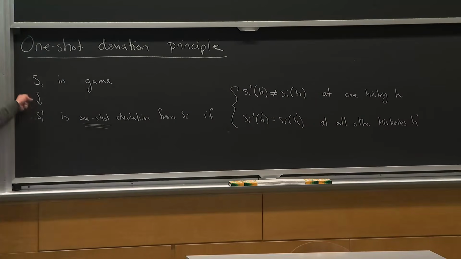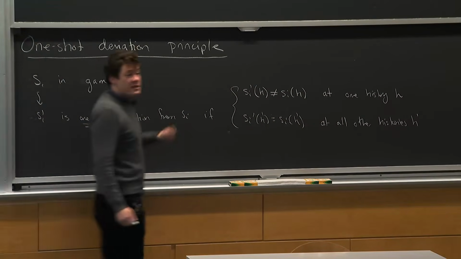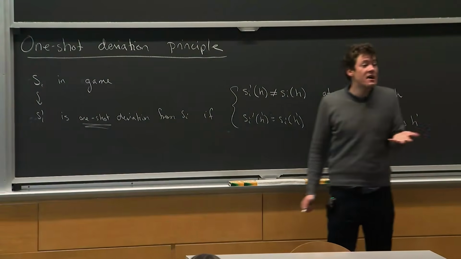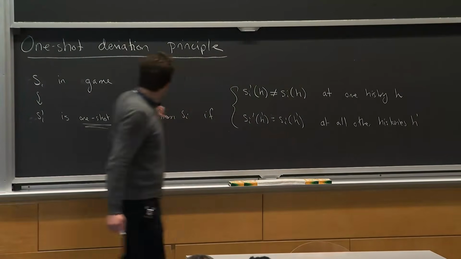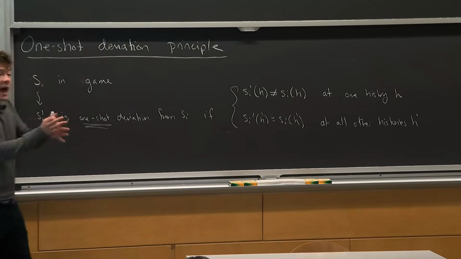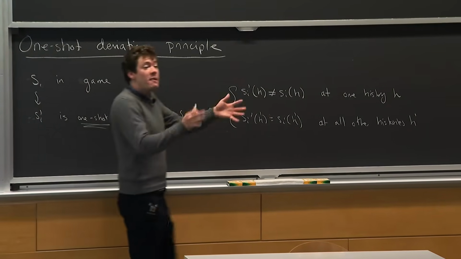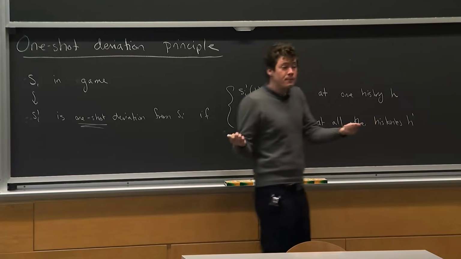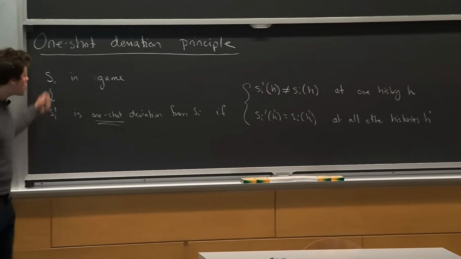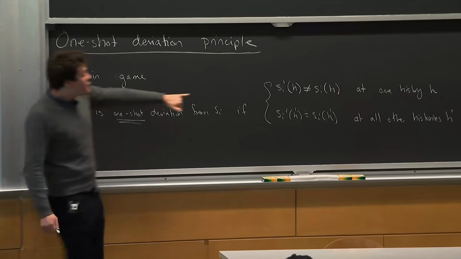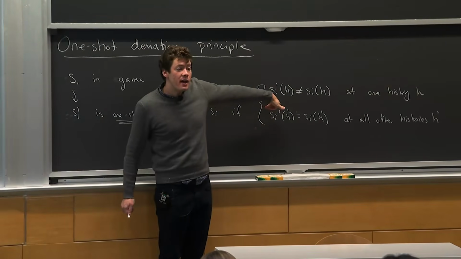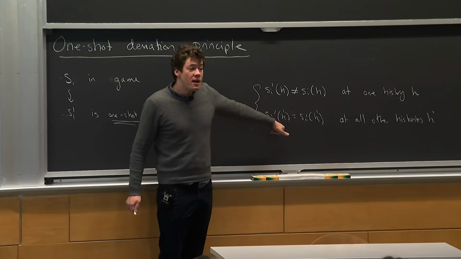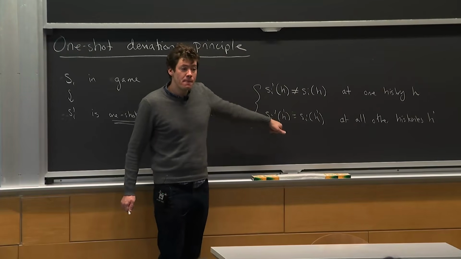So remember, a strategy is a complete contingent plan. It says how player i is going to play at every history or every contingency at which they're asked to move. So when I compare two strategies, I can ask, how different are these strategies? At how many histories do these strategies prescribe different behavior? And we say that S_i prime is a one-shot deviation from S_i if there's exactly one history at which they prescribe different behavior, and then at all the other histories, they prescribe exactly the same behavior. Okay?